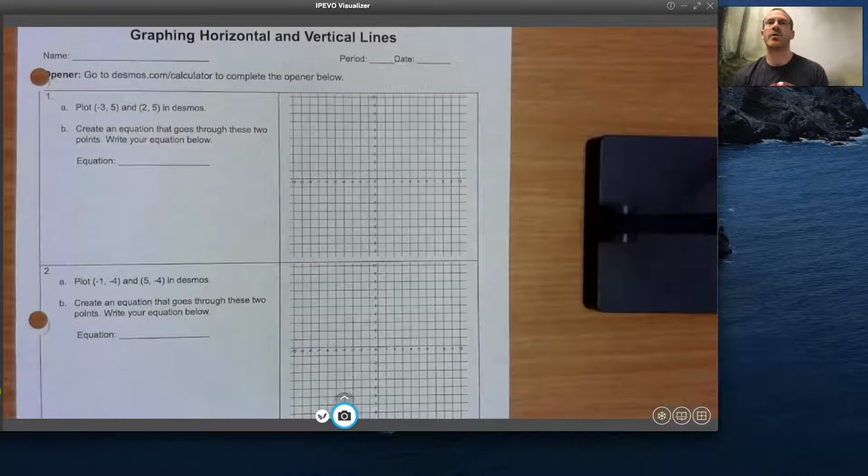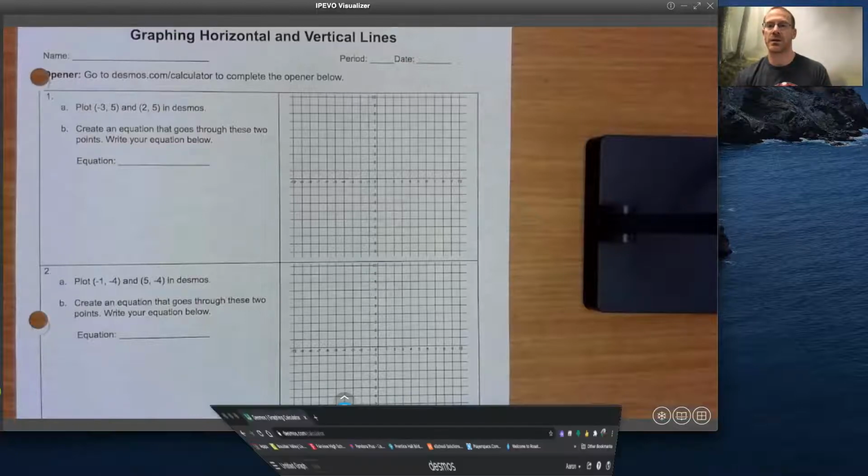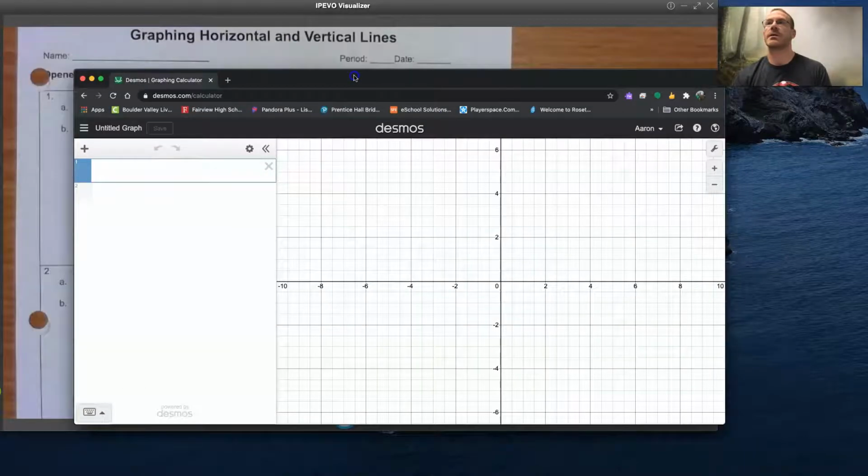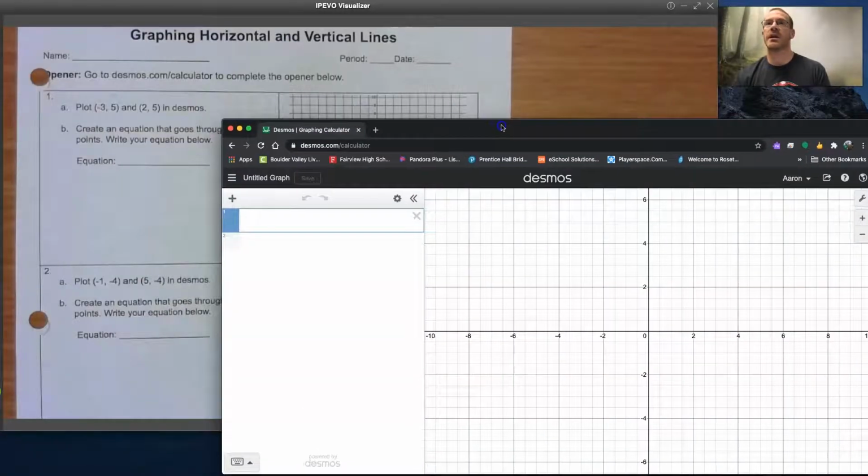So notice that we want to go to Desmos.com/calculator to do this exploration. All right, so I'm going to pull up Desmos here for you guys to see. So this is where you want to go.